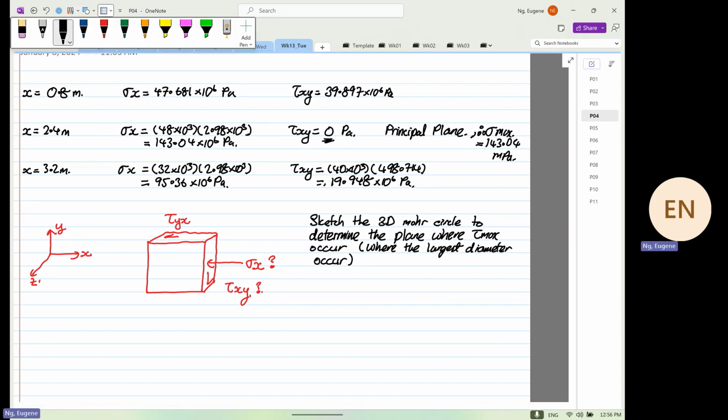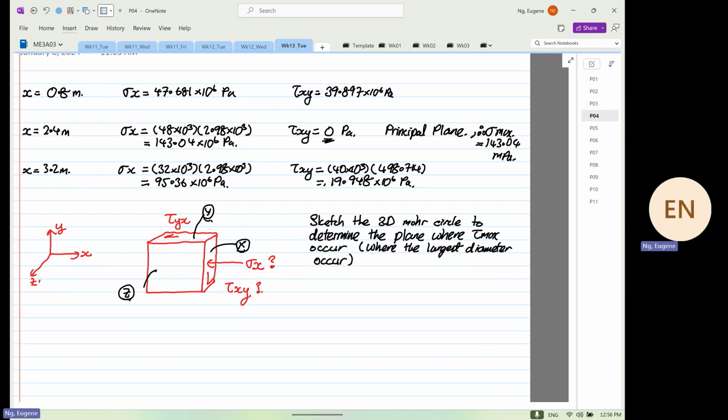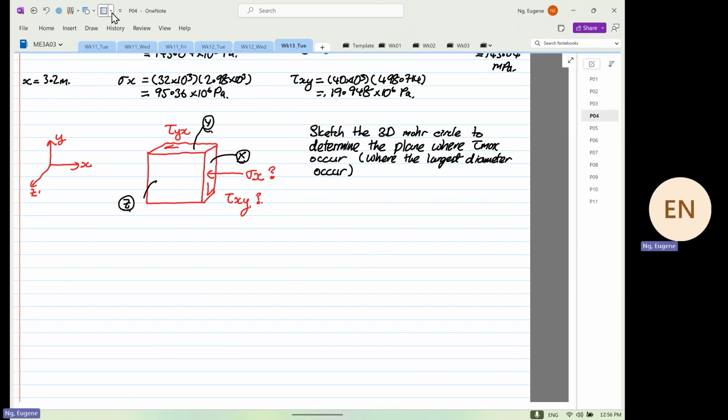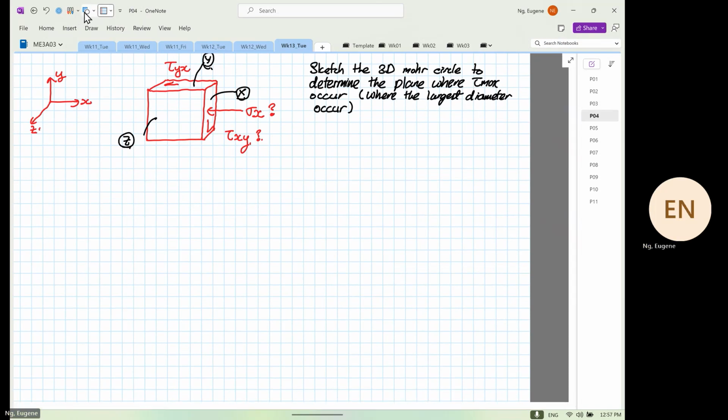So if we're going to sketch 3D Mohr circle, this is your point X, this is your point Y, and this is your point Z. Yes or no? So that's X, Y, and Z. So I'm going to sketch this out.